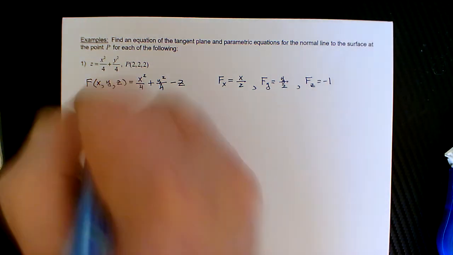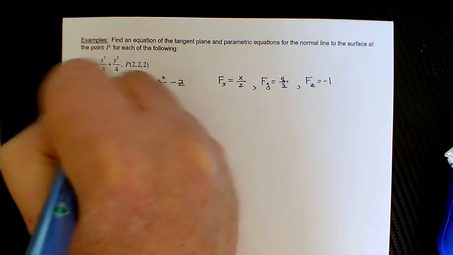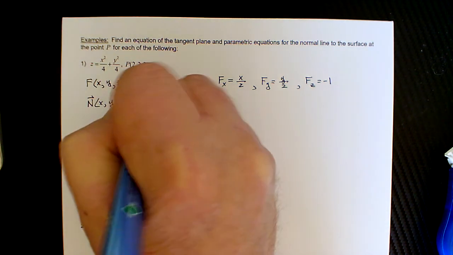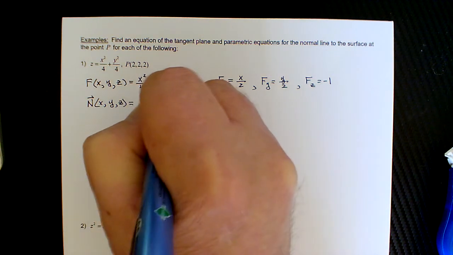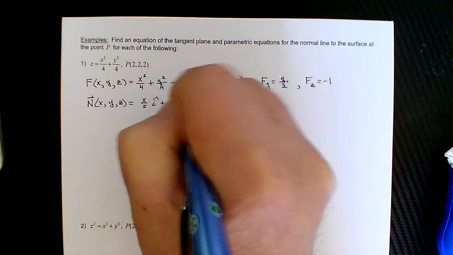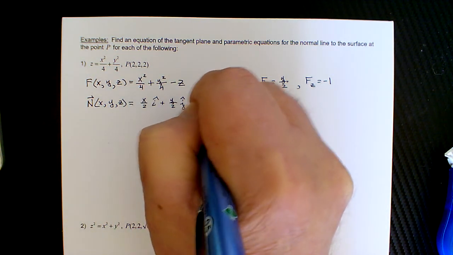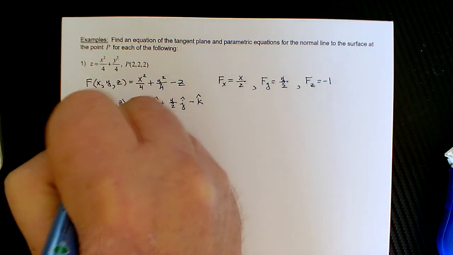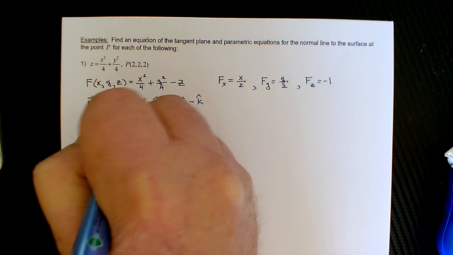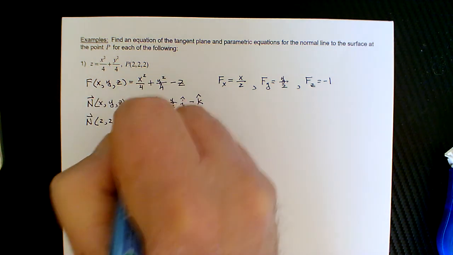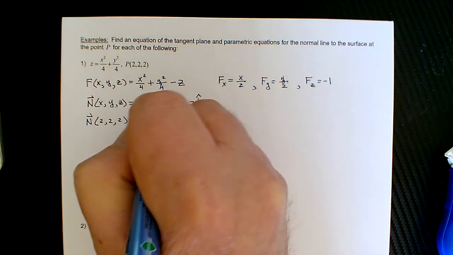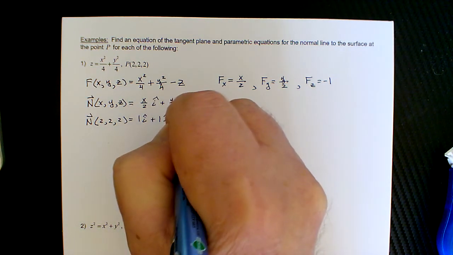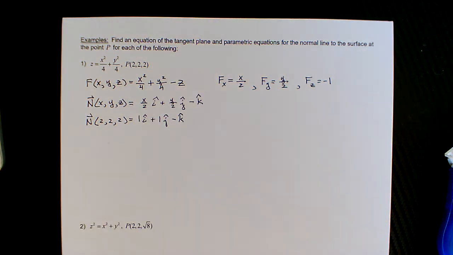Okay, so then the normal vector at any point x, y, z is going to be x over 2 i plus y over 2 j, and then minus k. So now the normal vector at the point 2, 2, 2 is going to be 2 over 2, or just 1i, plus 2 over 2, or 1j, minus k.